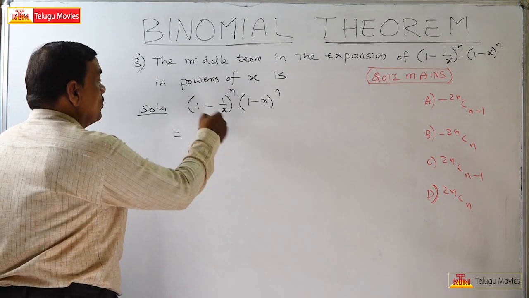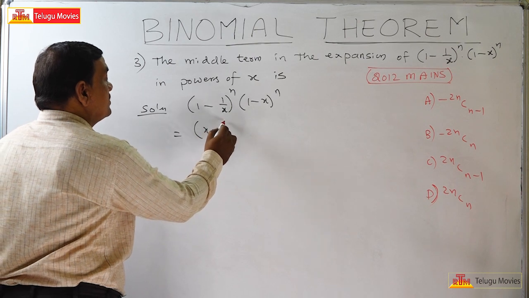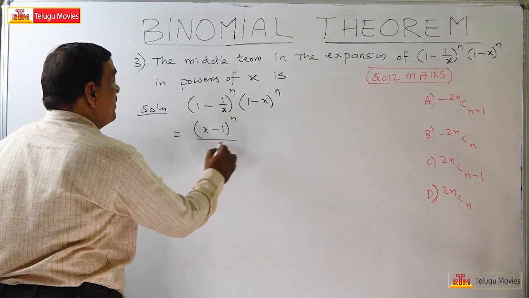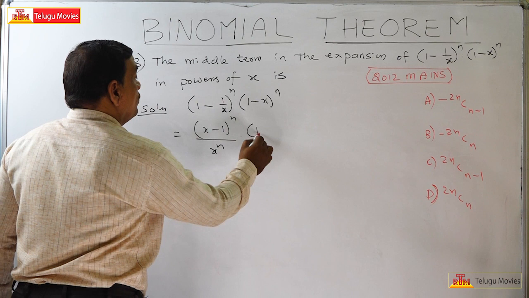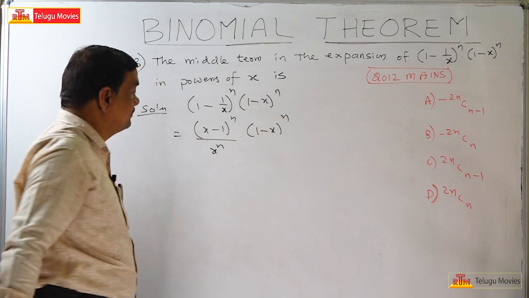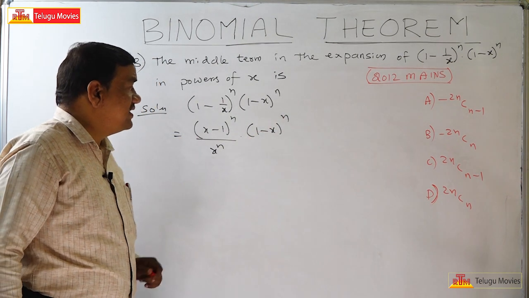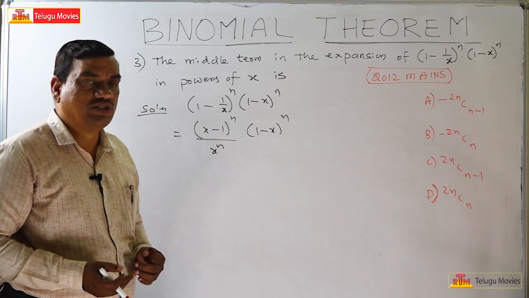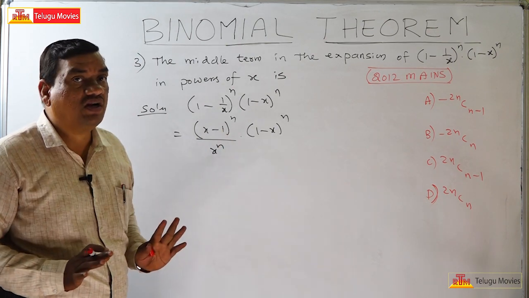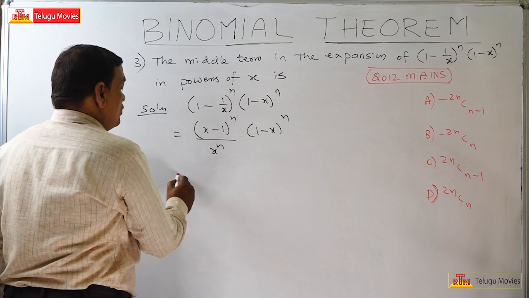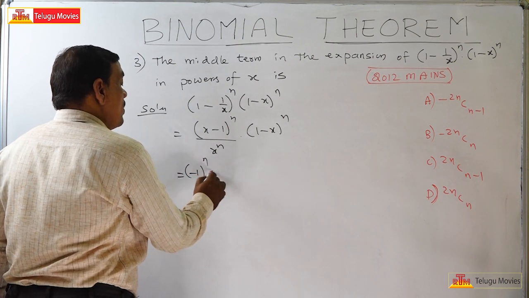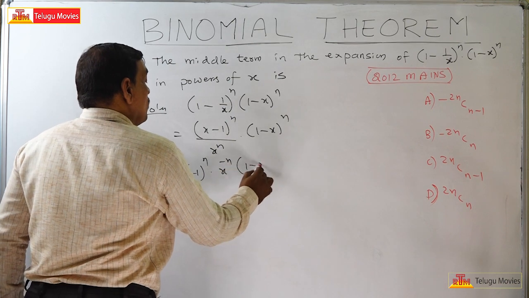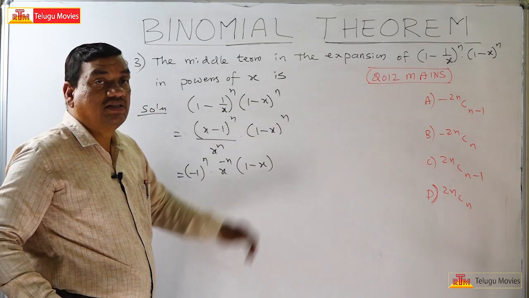So this is equal to x minus 1 whole power n by x power n into 1 minus x whole power n. Here it is 1 minus x, there it is x minus 1. You can change it either way, no problem, but definitely minus 1 will come common outside. So this is equal to minus 1 whole power n x power minus n, 1 minus x whole power n, 1 minus x whole power n.